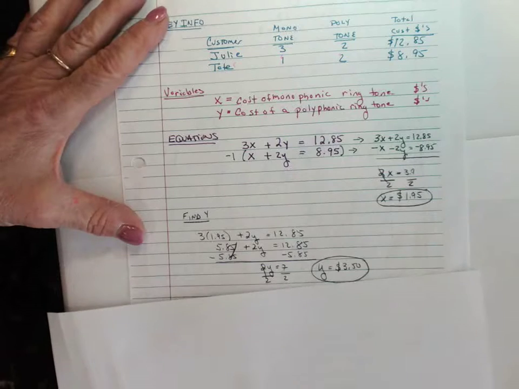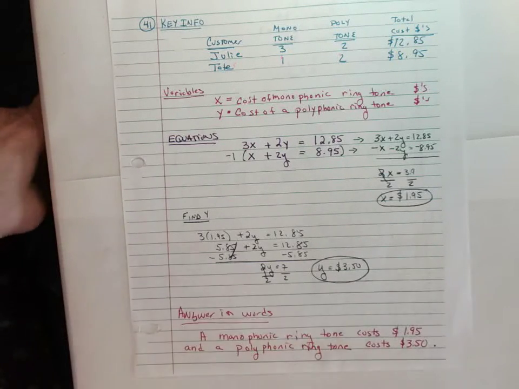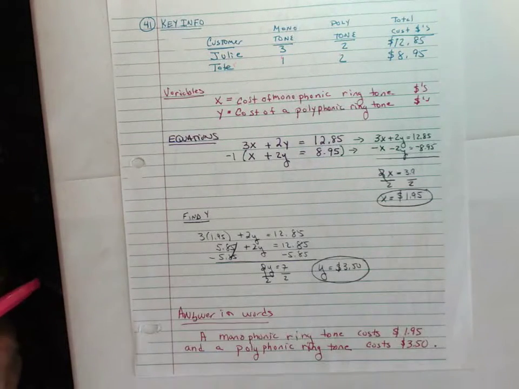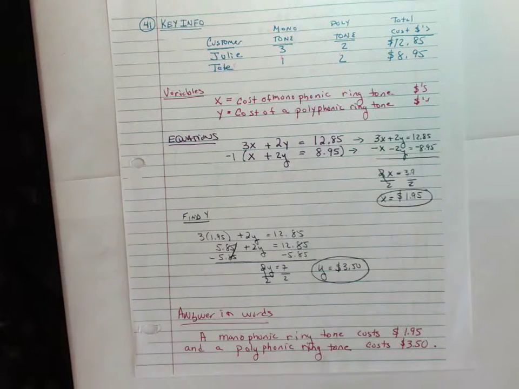Then we solve for Y, and we get Y is $3.50. Make sure to use that handy dandy calculator to check it and answer in words. A monophonic ringtone costs $1.95 and a polyphonic ringtone costs $3.50. So that's the strategy to solve all the word problems, and you will be doing word problems throughout this chapter and the remainder of the year.